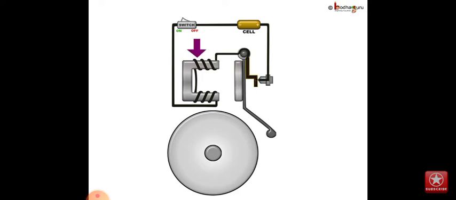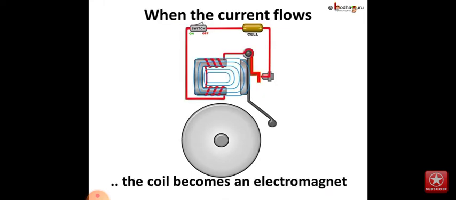When I switch it on, at that time in the wire a magnetic effect is created around it, and due to that this hammer gets attracted towards the bell and it starts ringing. If I switch off the current, then the connection between them gets off and hence the bell will stop.